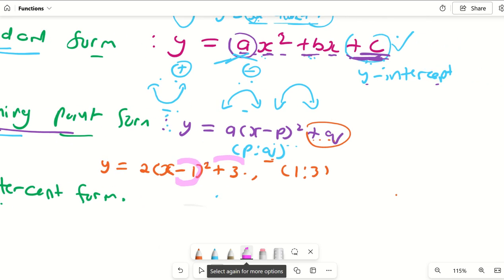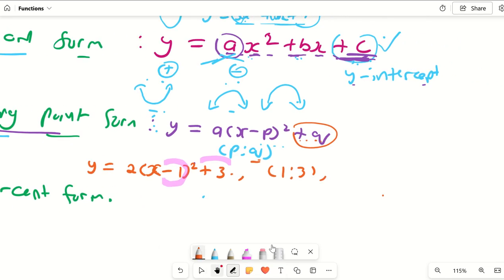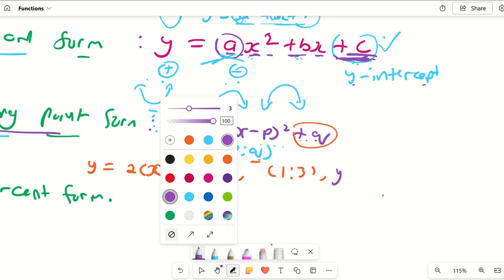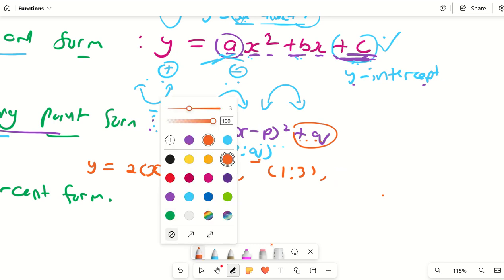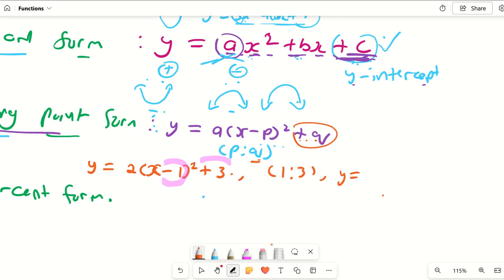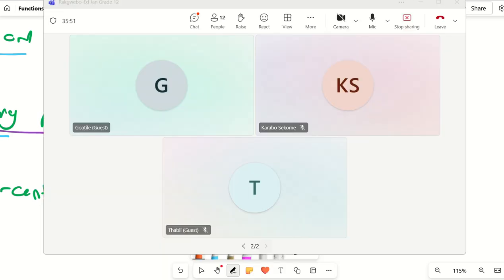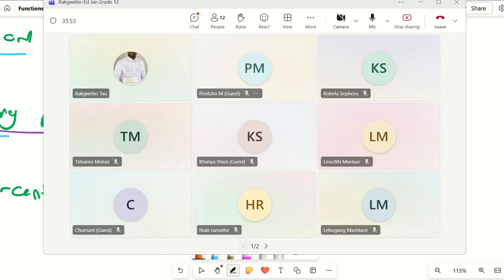Let's try another example. What are the coordinates of the turning point of this function? Coordinates of the turning point? Yeah, someone says -1, -3.